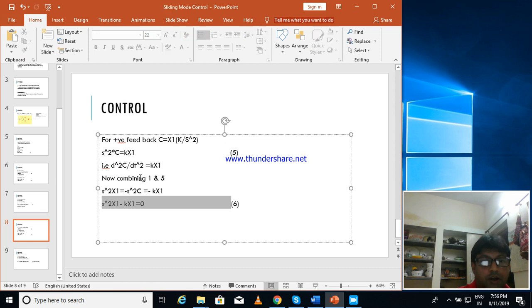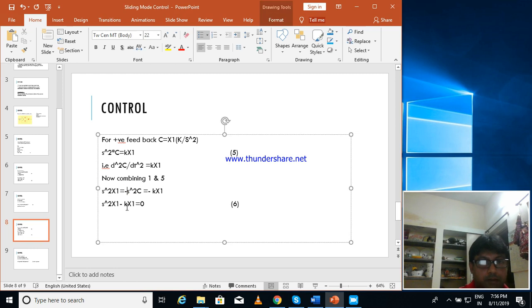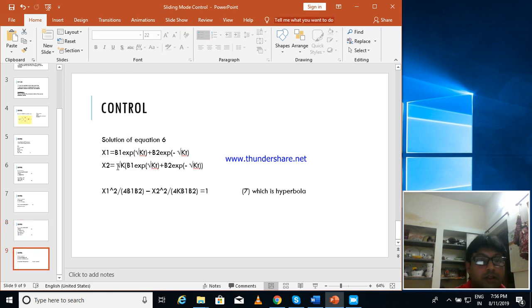Now if you solve this equation, you will get a solution like that: x1 is equal to b1 e to the power root kt plus b2 into e to the power minus root kt.